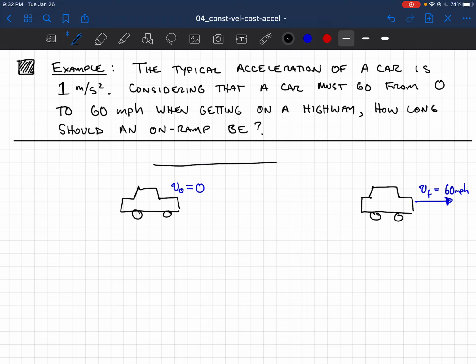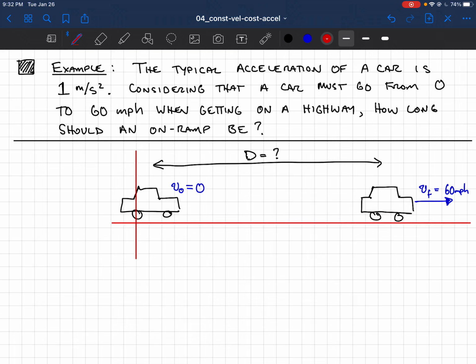And we want to know, what is this distance? We don't know what that is. Let's give ourselves a coordinate system. Again, we'll put the origin at the starting point. So this is the xy coordinate system. This is the x final position, and that's going to be equal to d. And v final is 60.